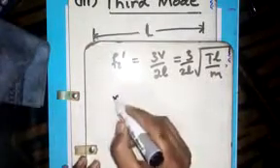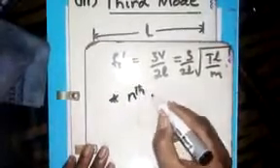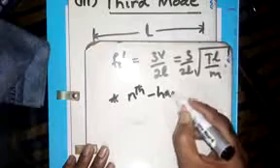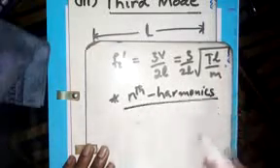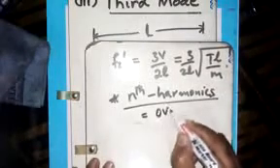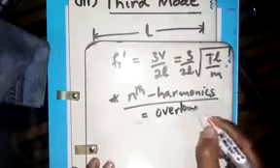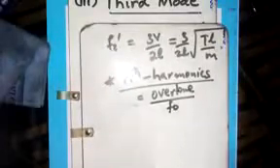Therefore, what we want to know is that the second overtone is the same as which harmonic. Is it the third harmonic or fourth harmonic or whatever? Therefore, we are going to look at the nth harmonic. The nth harmonic is calculated by taking the overtone over the fundamental frequency. This is how we can know the harmonic.